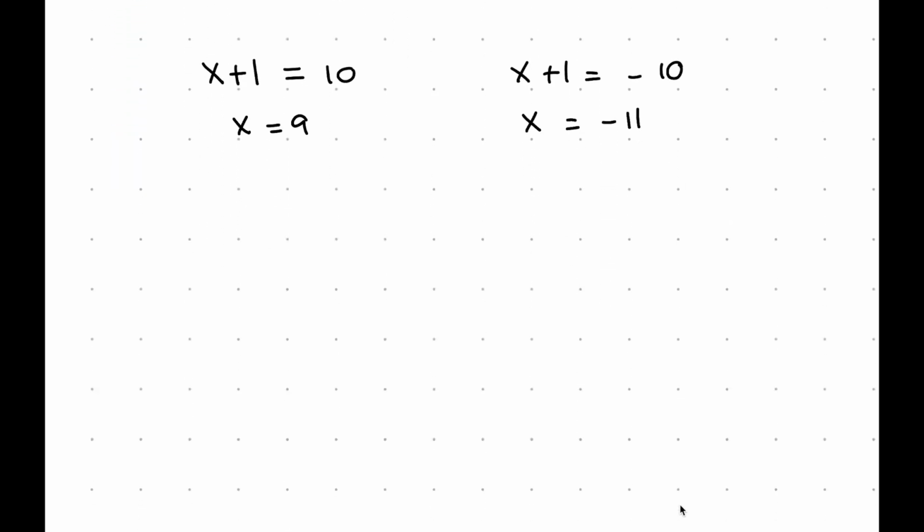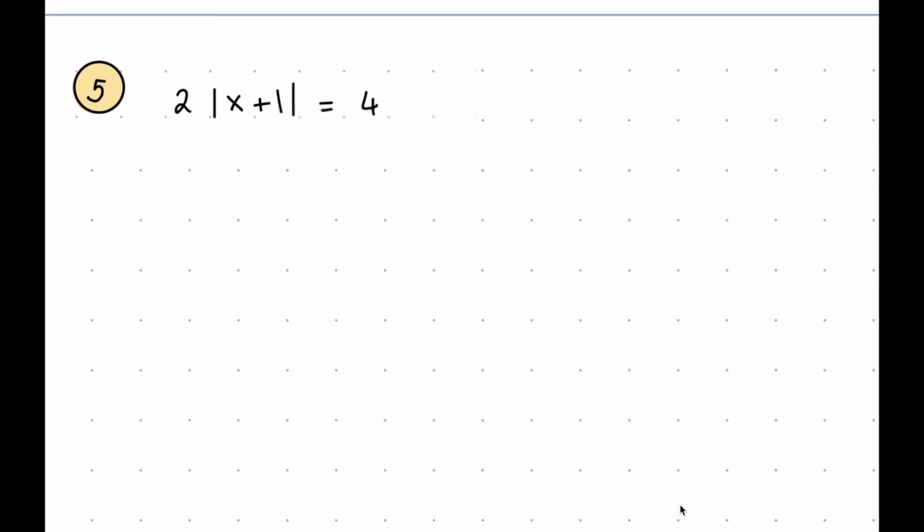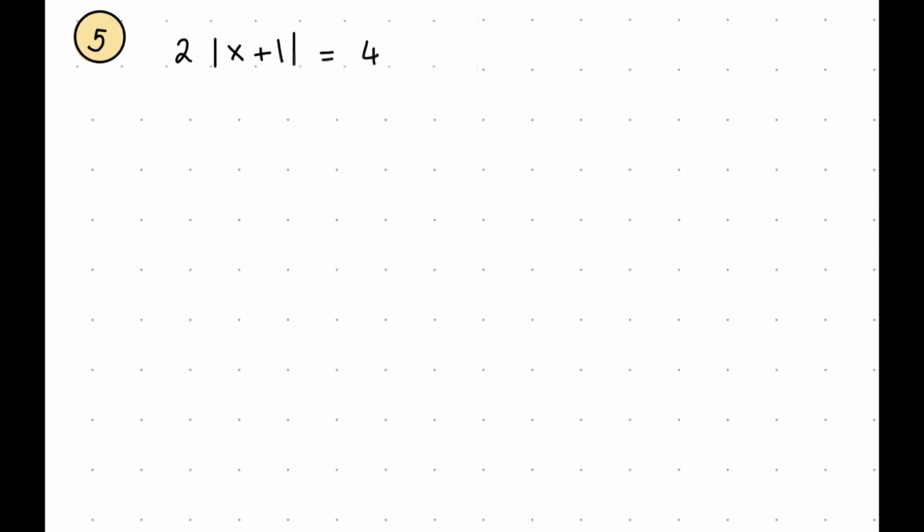And finally then, for question 5, we had 2 times the modulus of x plus 1 is equal to 4. So the first move here I would do is divide both sides by 2, and then you're going to get x plus 1 is going to be equal to 2. And then again, because it's the modulus, you can say that x plus 1 is equal to positive 2, or it's equal to negative 2.